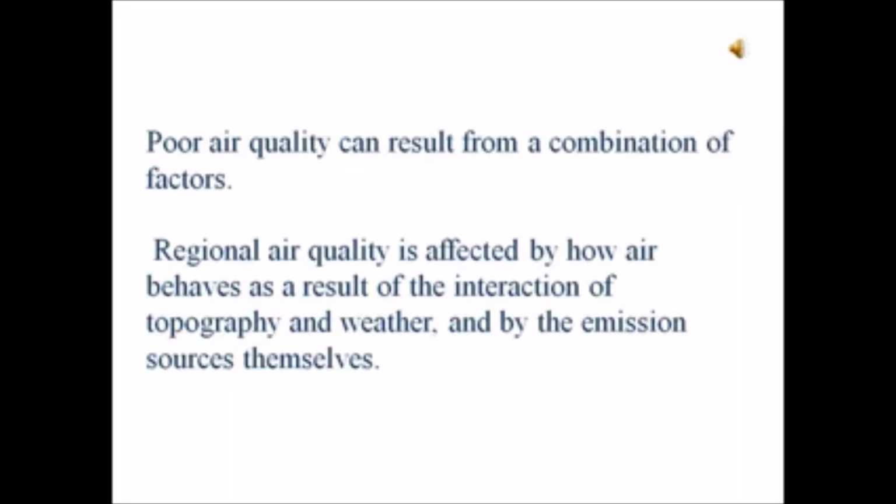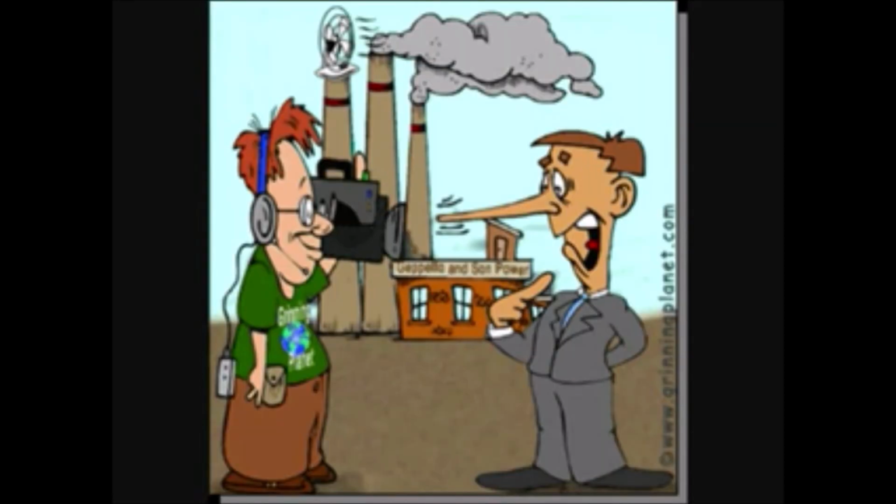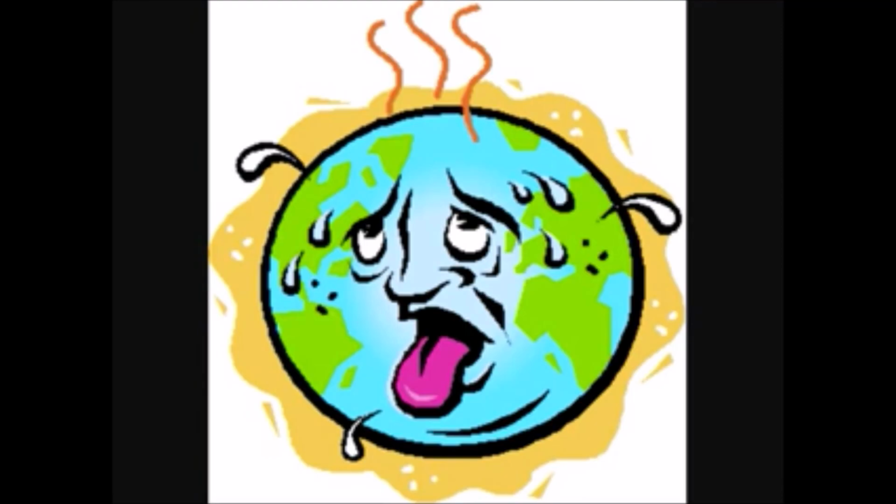Poor air quality can result from a combination of factors. Regional air quality is affected by how air behaves as a result of the interaction of topography and weather and by the emission sources themselves.